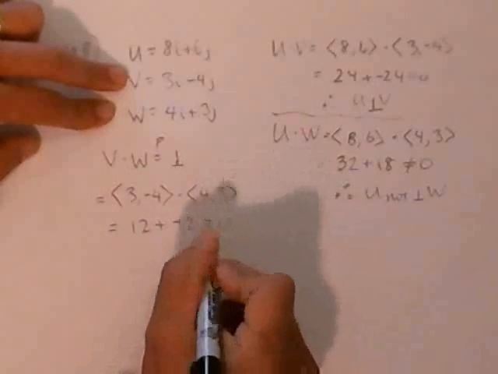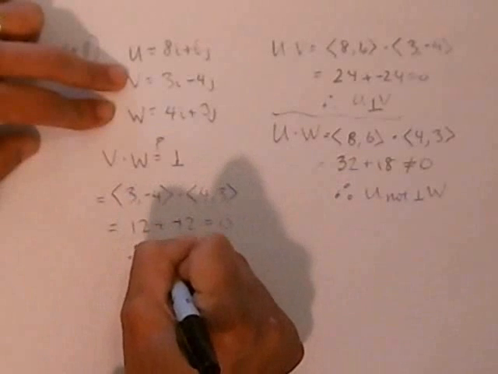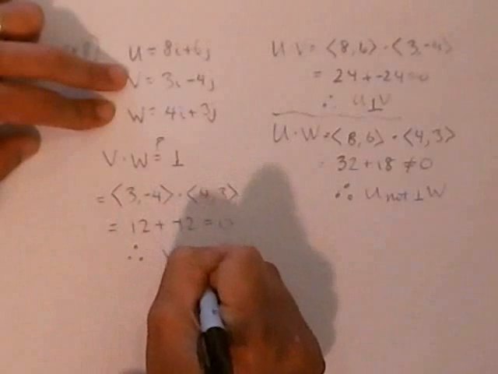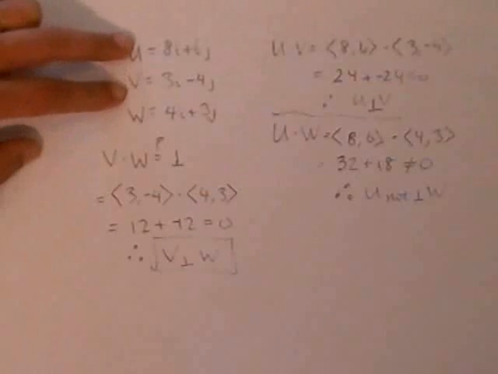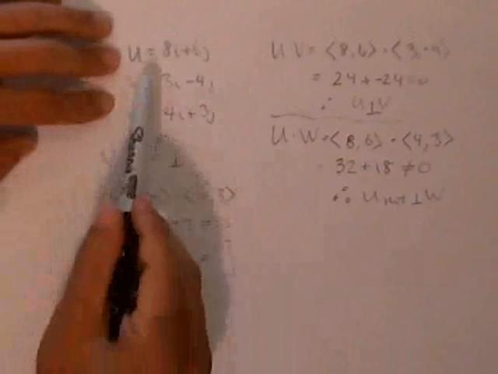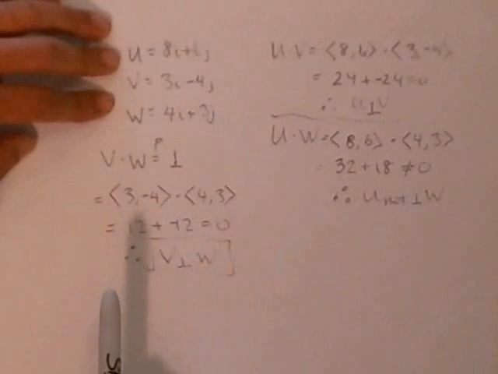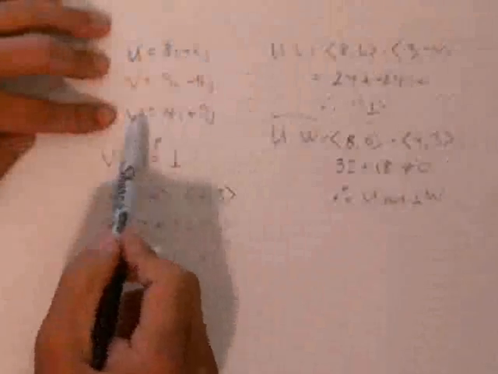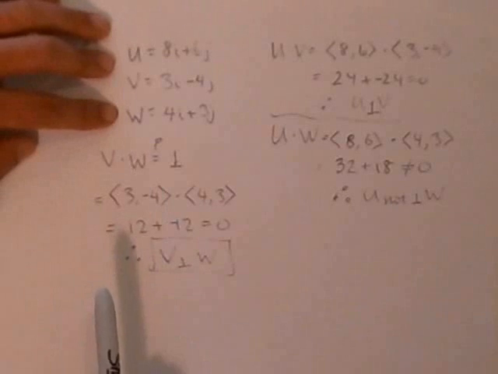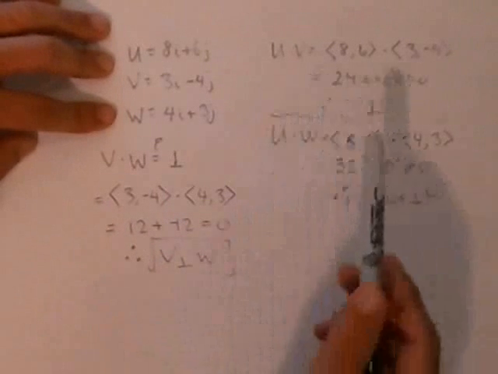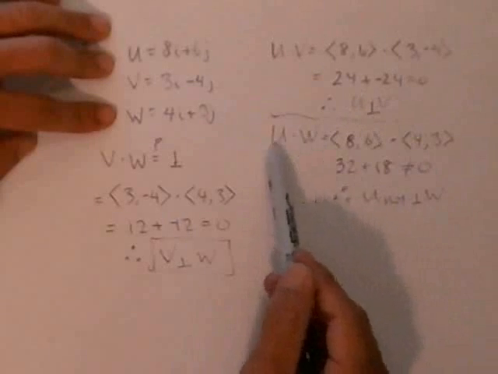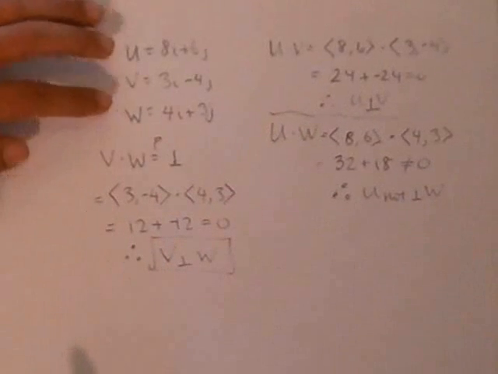That does equal 0. Therefore, v is perpendicular to w. You don't have to necessarily draw these out on the xy coordinate. You can figure it out mathematically. If you want to draw it out, verify that v and w, and u and v should look perpendicular. U and w does not look perpendicular.